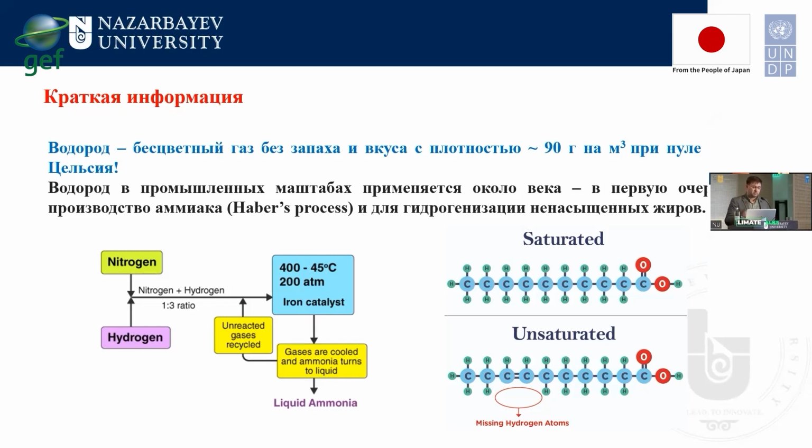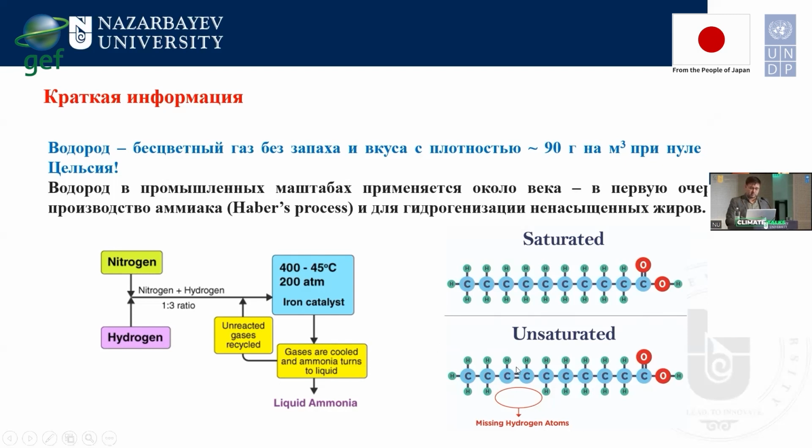When you cool this ammonia, it turns into liquid, and the liquid can be collected. Obviously, some gases will not have reacted, and these can be returned by pump to the catalyst system, and then again returned to the production of ammonia.